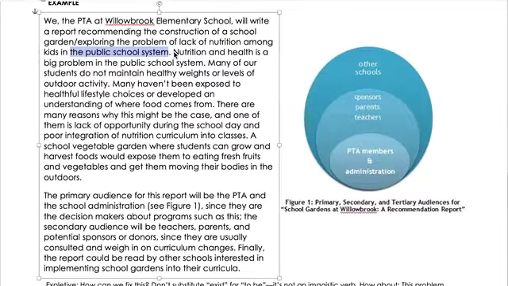They're also going to be researching nutrition and health in the public school system. They're also going to be looking at kids, right? Kids' weights. They're going to be doing some research about what a healthy weight is for kids and what healthy levels of exercise or outdoor activity are for kids. So they're narrowing down the scope of their research just by, in these few sentences, telling me what they're concerned about.